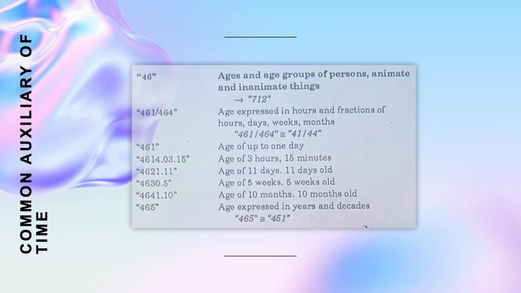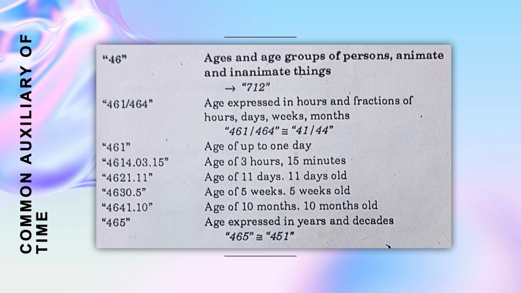Again, you see there are so many time provisions in UDC. I will give you a portion from the schedule of the UDC. You see 4-6 within double quotation marks: ages and age groups of persons, animate and inanimate things. Again, 461 to 464 is subdivided as 41 to 44.